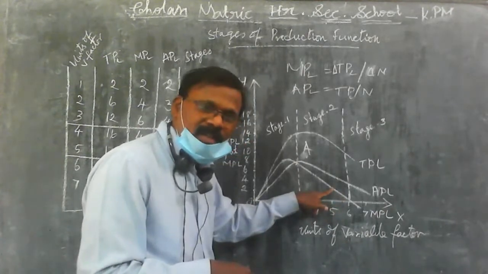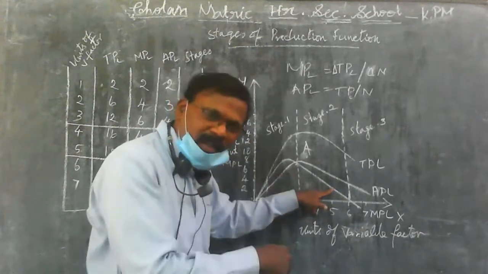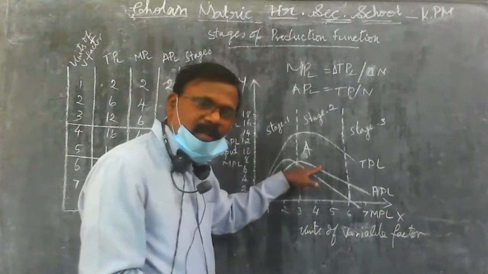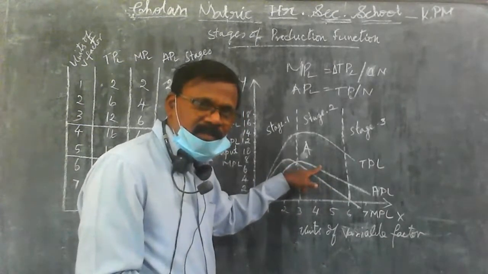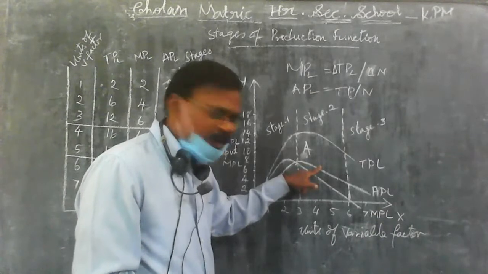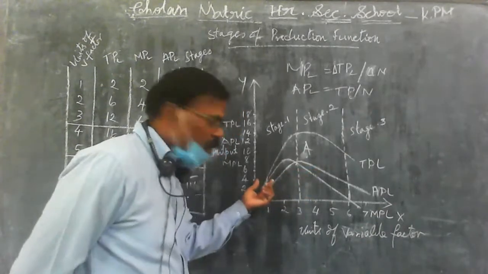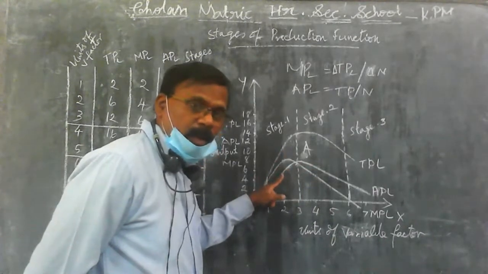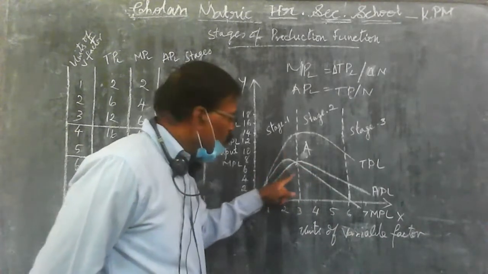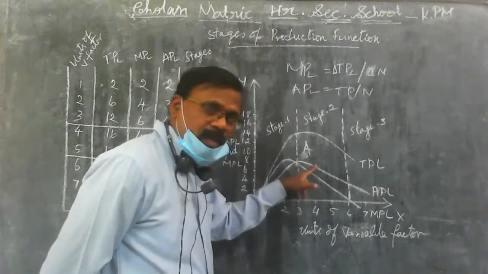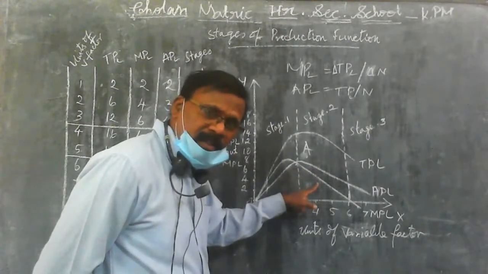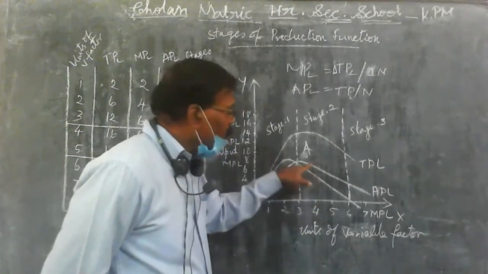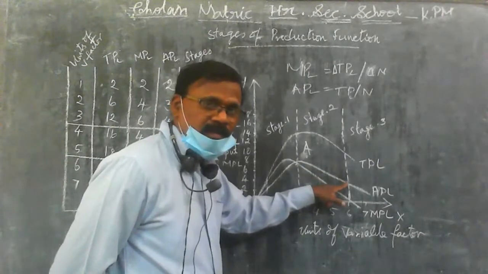Marginal product of labor is lower than the average product of labor. Have you understood this? In the first stage, marginal product is higher than average product. In the second stage, marginal product is lower than average product.